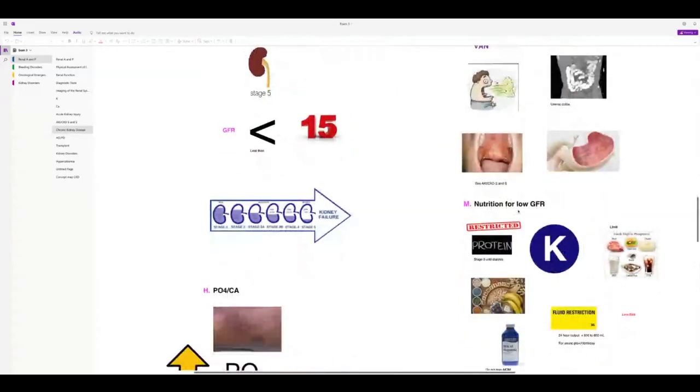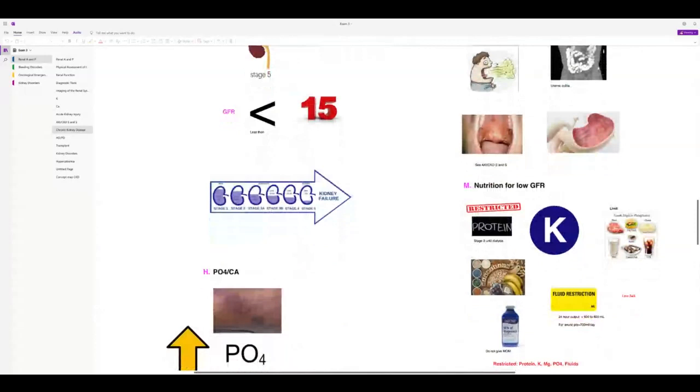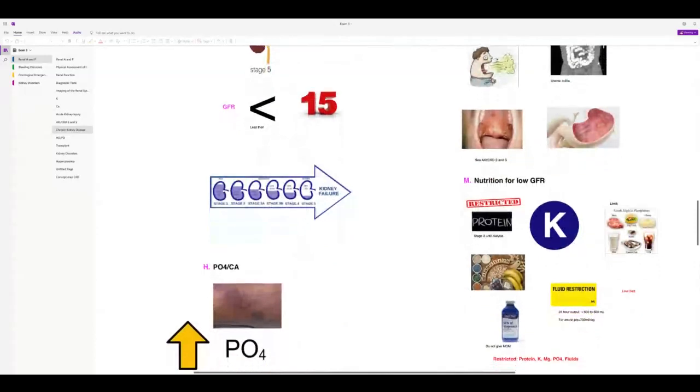Nutrition, okay, so for anybody with a low GFR, especially stage 5, you're going to restrict. Once it gets to stage 3, you start restricting protein. Once the patient starts having dialysis, they need more protein, okay?